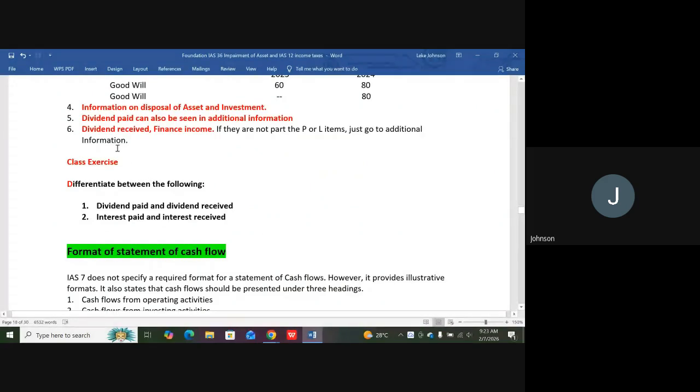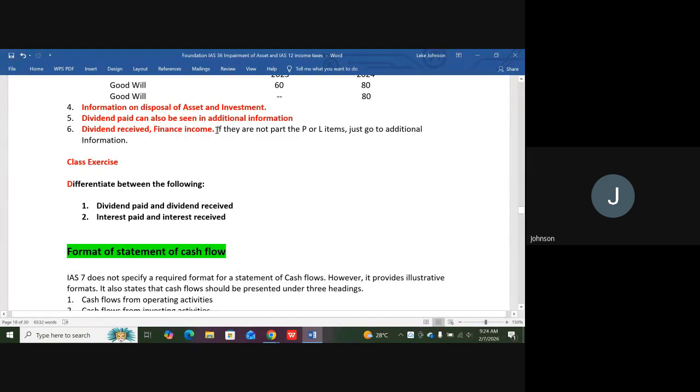So that is that. You've looked at all those things, dividend paid, you also know where it is. Then you can check in additional information, you get information about the dividend that was paid. Then dividend received also, and also finance income. So this finance income is interest received. When you check your financial statement and you see finance income, don't get carried away. Finance income means interest income, interest received, dividend received.